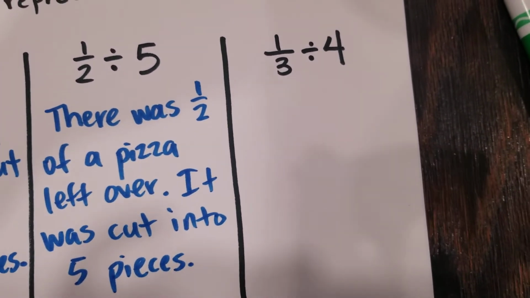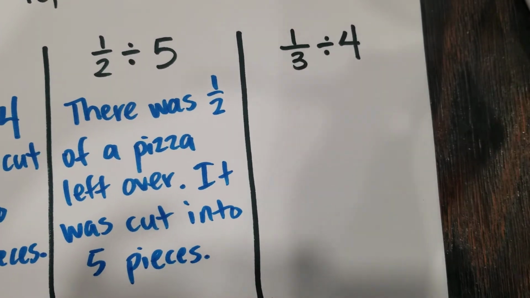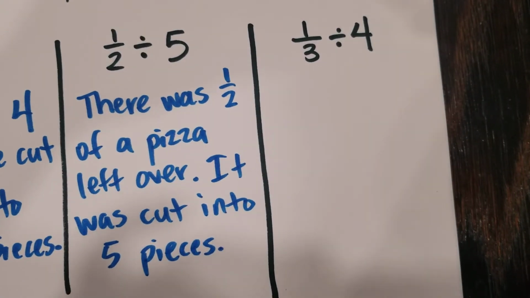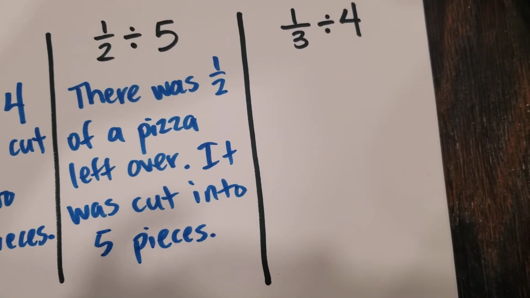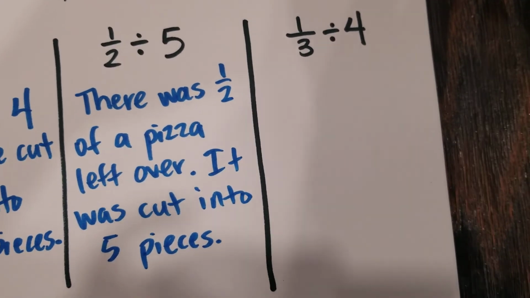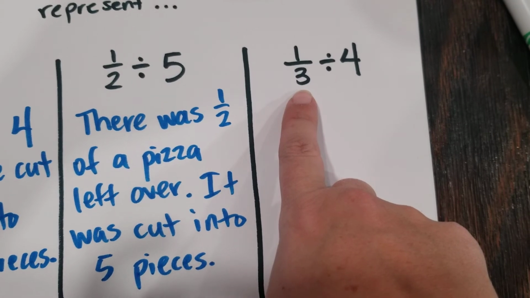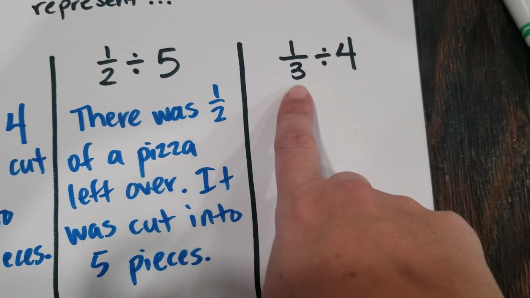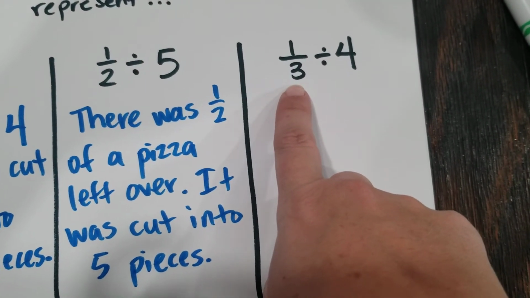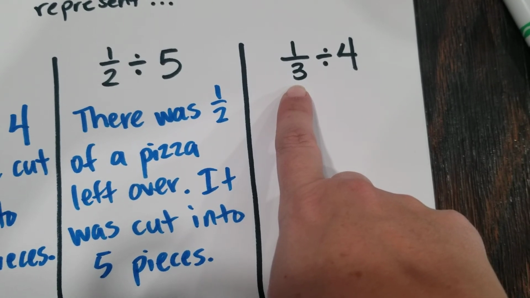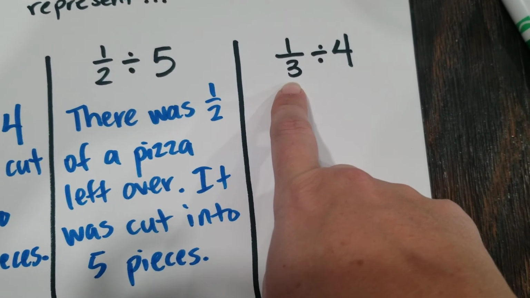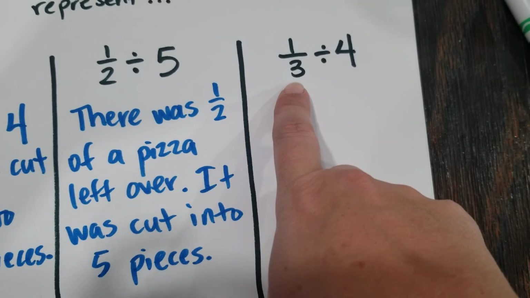Okay, this last word problem is 1/3 divided by 4. And that one is actually for you to solve. So I want you to try that one on your own. Remember, the 1/3 is the first number. So you want to start with 1/3 of something. 1/3 of a cake, 1/3 of a chocolate bar.